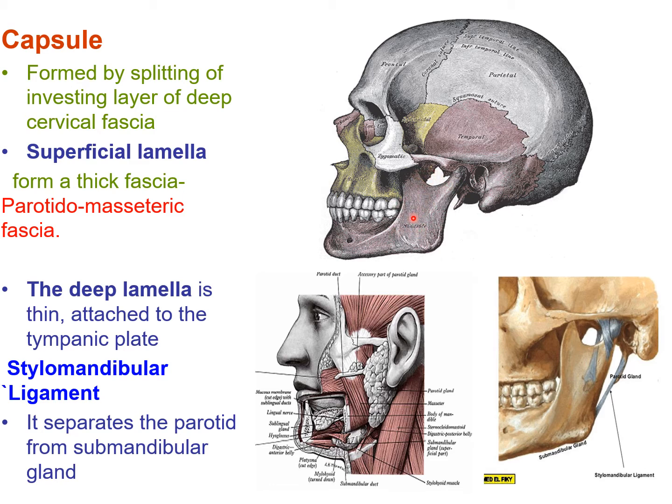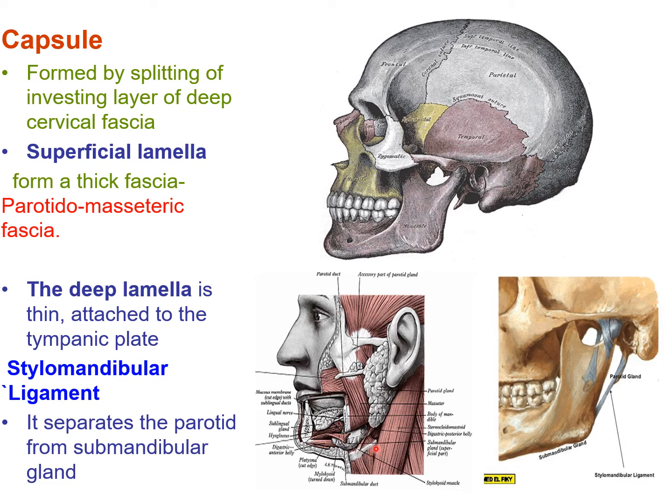Also, it blends with the epimysium of the masseter muscle to form a thick fascia that is known as the parotidomasseteric fascia. The deep lamina of the investing layer of deep cervical fascia is thin and it gains attachment to the tympanic plate and the styloid process of the temporal bone. It has a thickened part which extends from the tip of the styloid process to the angle of the mandible, forming what is known as the stylomandibular ligament. This stylomandibular ligament separates the parotid gland from the submandibular gland.